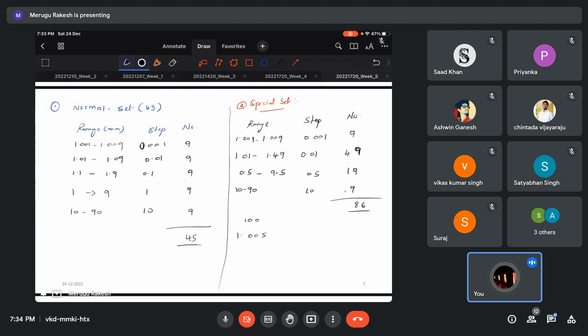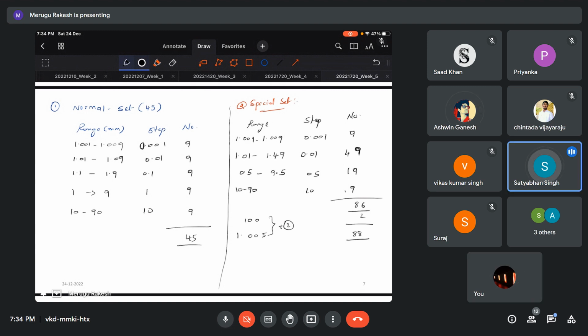One more will have 1.005. So plus 2, total 88 we have. These are like the additional ones we have along with the range.